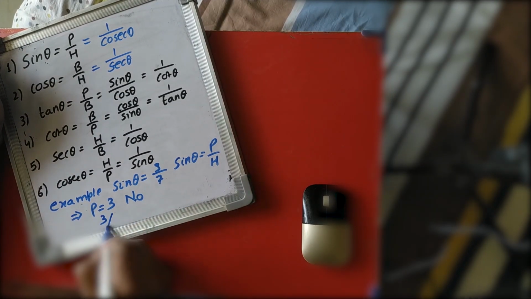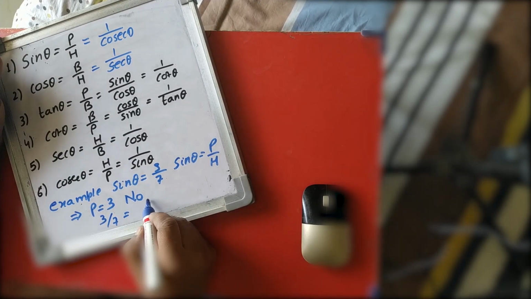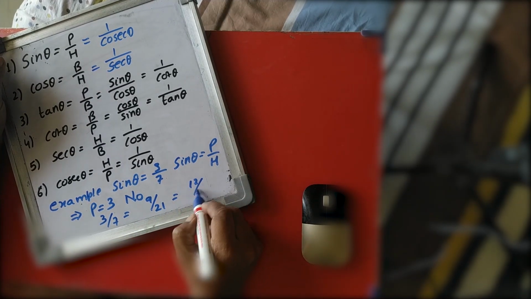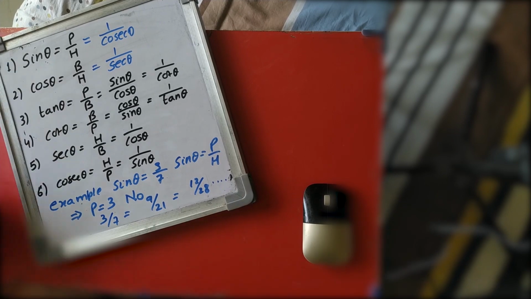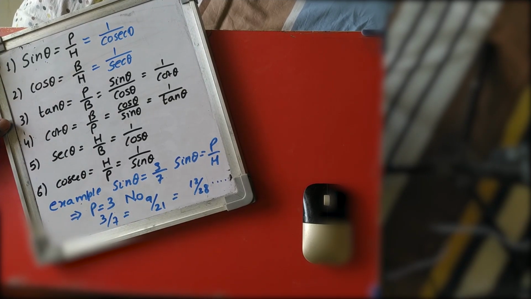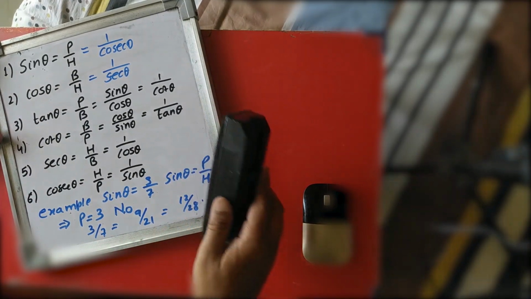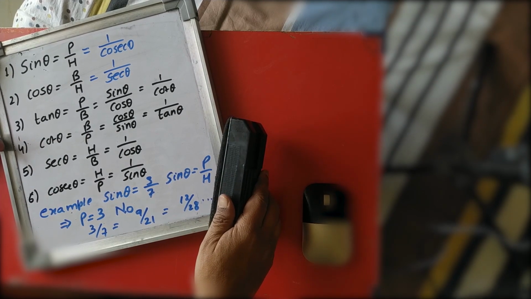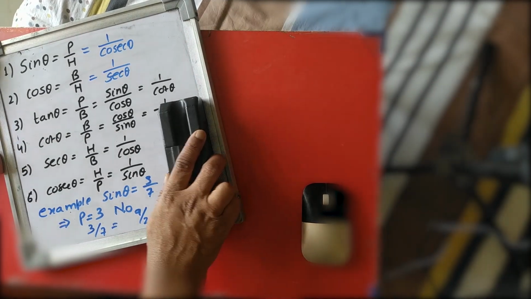When I am writing 3 upon 7, it could also be 9 upon 21, it could also be 12 upon 28, and so on. Since it is only a ratio, it has been reduced to its lowest terms. So in this case, what should we take the value of perpendicular and hypotenuse? It's very crucial.